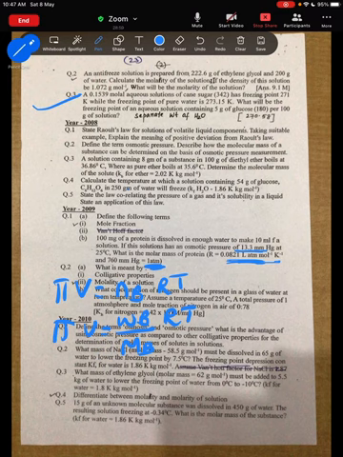So pi, the osmotic pressure given, is 13.3 mmHg, upon 760 will give you this much atmospheric pressure.